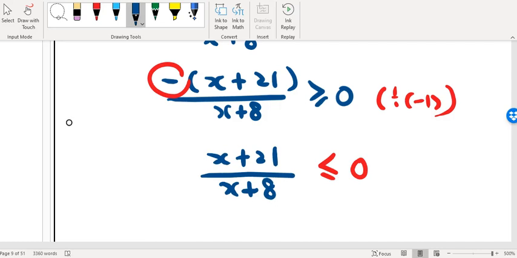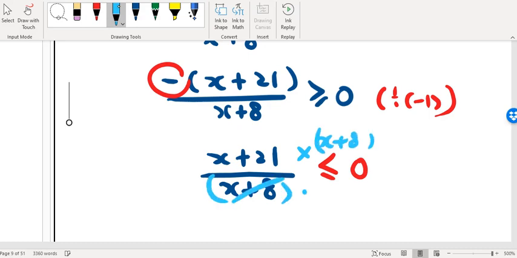Now look into this. My question to you: can you multiply by x plus 8 directly, then after that you just simplify like this? In other words, you just ignore the x plus 8. Are you able to do that? Maybe some of you said yes, but honestly, you can't do that.